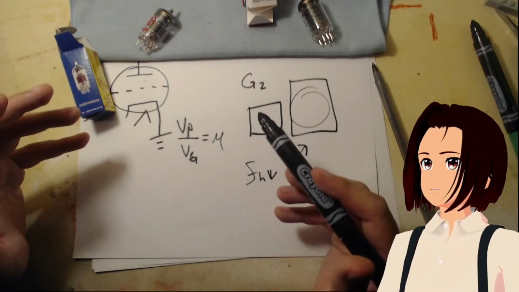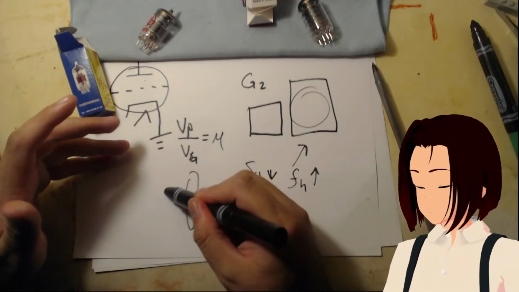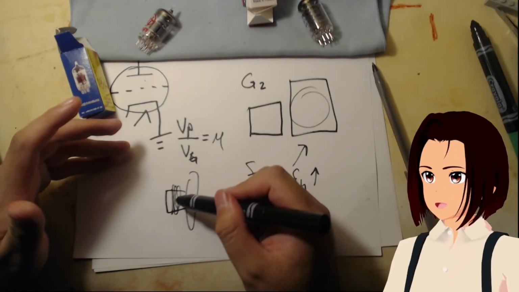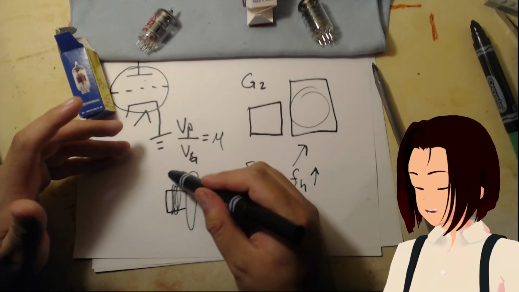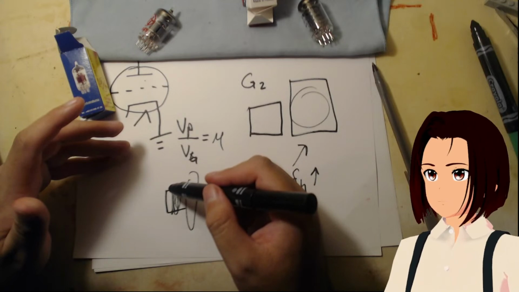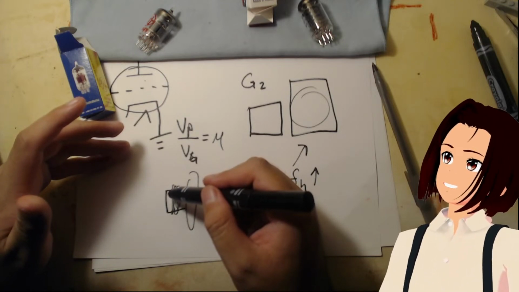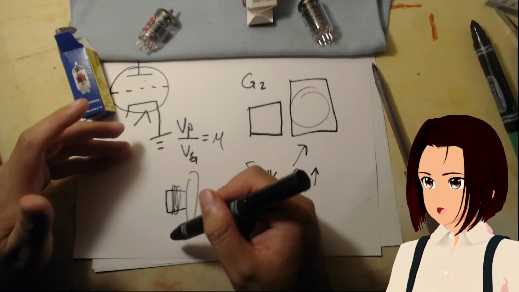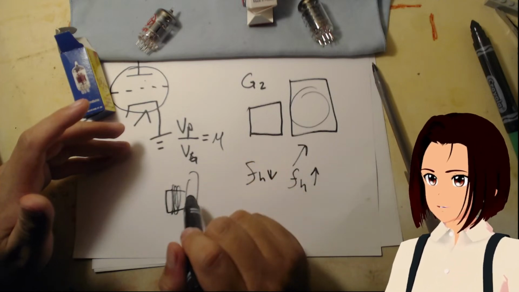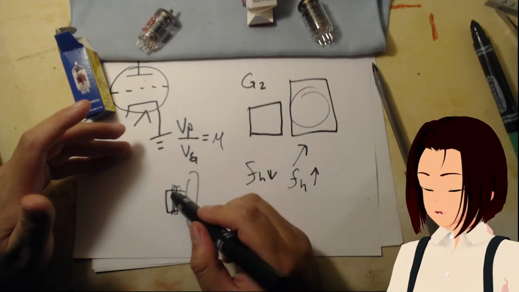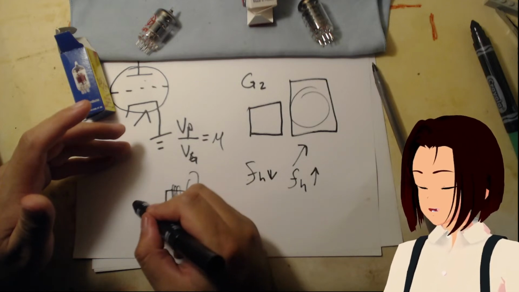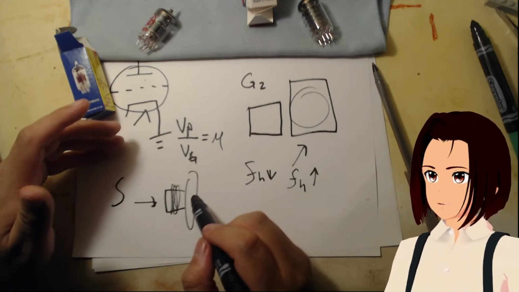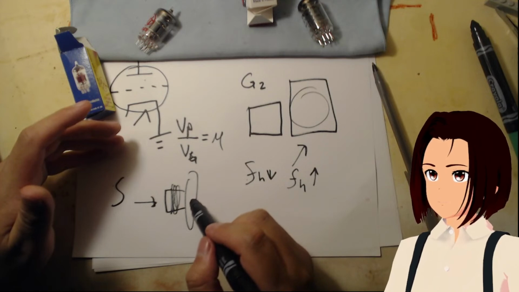We have a speaker here and wires around the speaker, and we want the signal getting to the speaker to be so large that it makes the speaker make sound.